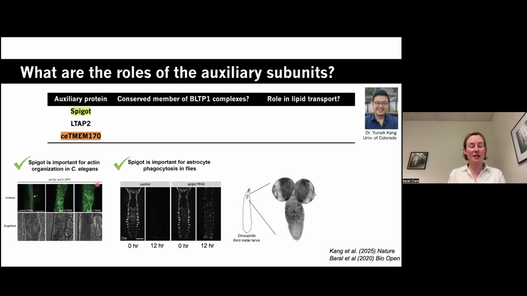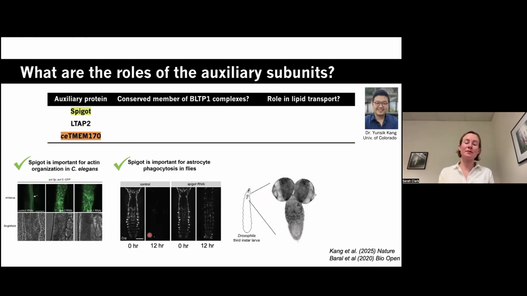We did a similar thing in flies. So here we have a fly larva, and this is the brain of the fly larva. That's what we're looking at here, this bottom half over here, and highlighted are the neurons. And in flies and in other organisms, as they develop, there's this stage where there's a lot of neuronal death.